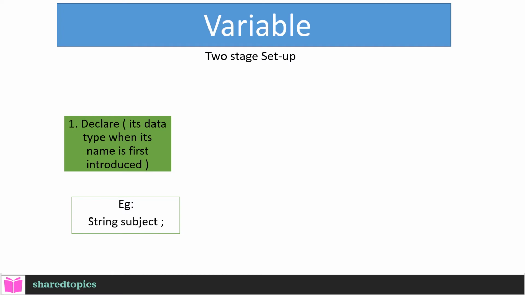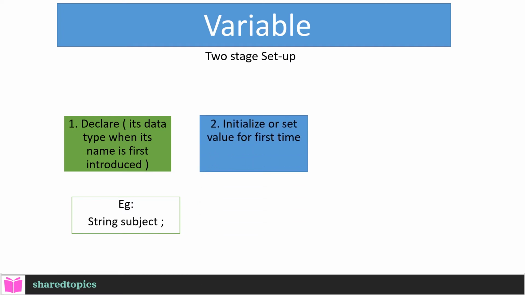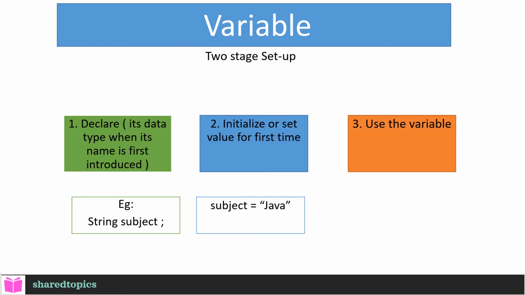It's totally optional. Then you initialize, or set the value for the first time. You can continue the previous example with equal to and set the value at that time itself, or do it as a two-line program. The second line would be subject equal to Java, for example, completed with a semicolon. Once you've declared and initialized it, if you don't use it further, what is the point of introducing it?